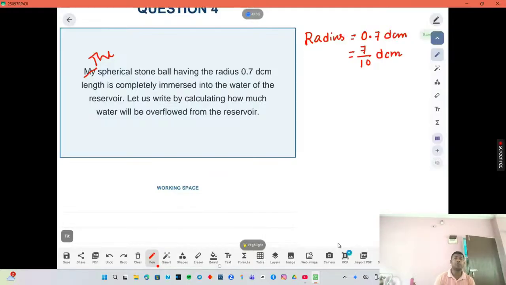Now we will find the volume of the spherical stone.